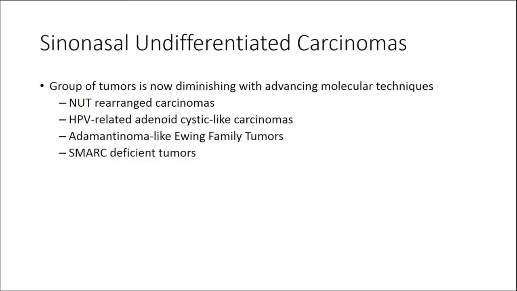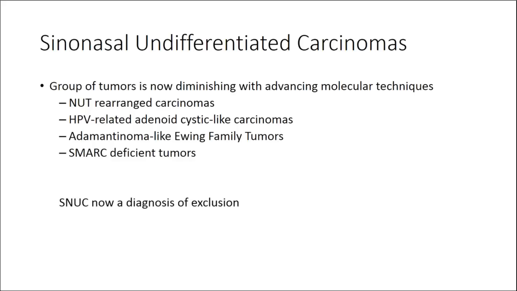So in terms of sinonasal undifferentiated carcinomas, I think we're now coming to a point where these tumors are diminishing with advancing molecular techniques. So we now have NUT rearranged carcinomas, we have these HPV-related carcinomas with adenoid cystic type features, we have adamantinoma-like Ewing family tumor, which we'll talk a little bit about. Now we have also these SMARCB1 or SMARCA4 deficient tumors.